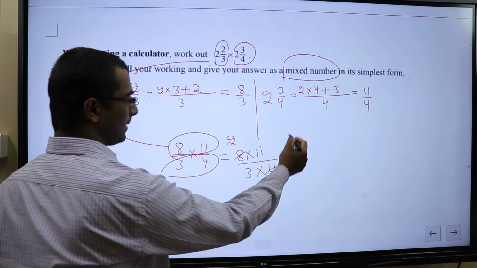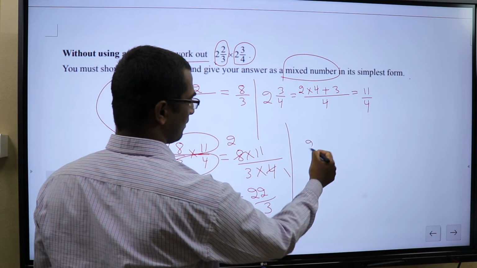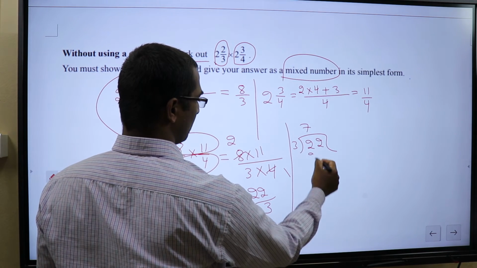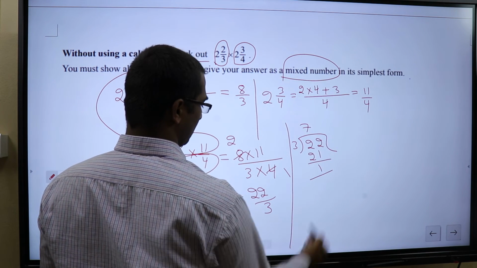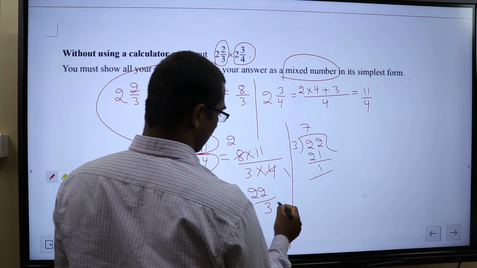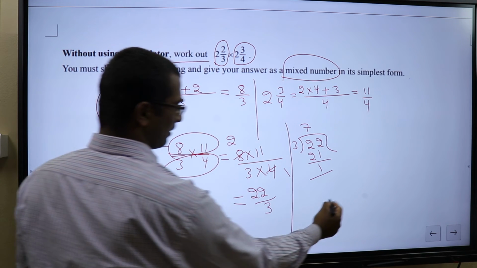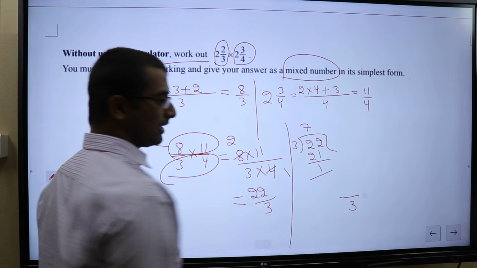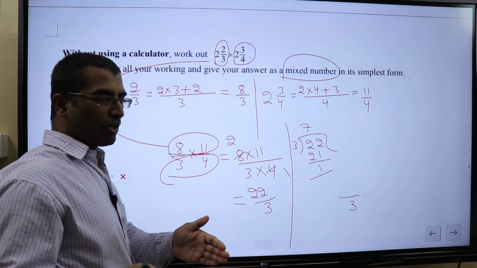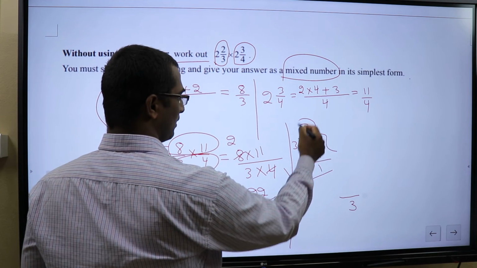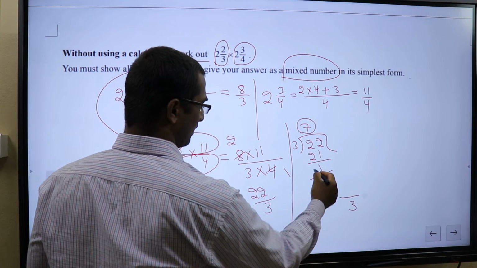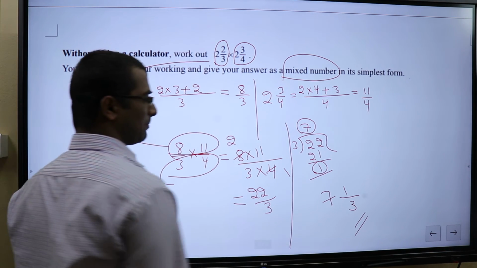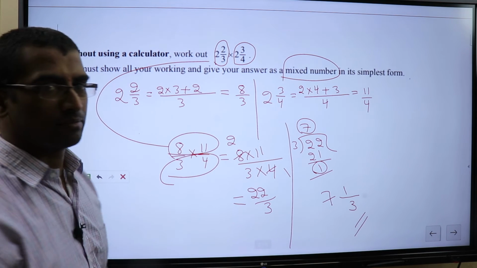So convert 22/3 into a mixed number. Divide 22 by 3. 3 sevens are 21, so the remainder is 1. The denominator will stay as itself, it will not change. The quotient I write here, the remainder I write here. So 7 1/3 is nothing but 22/3.